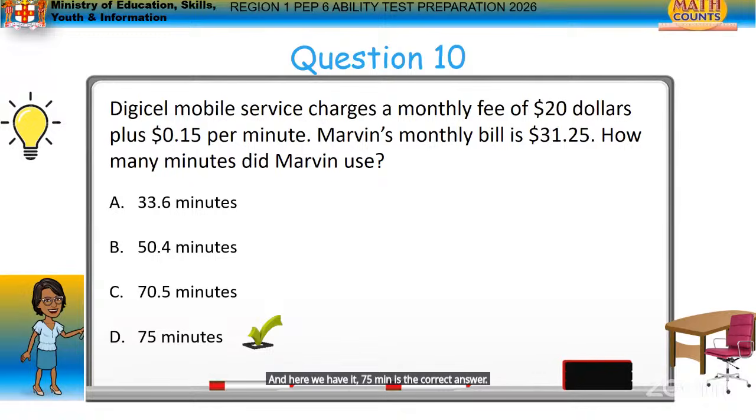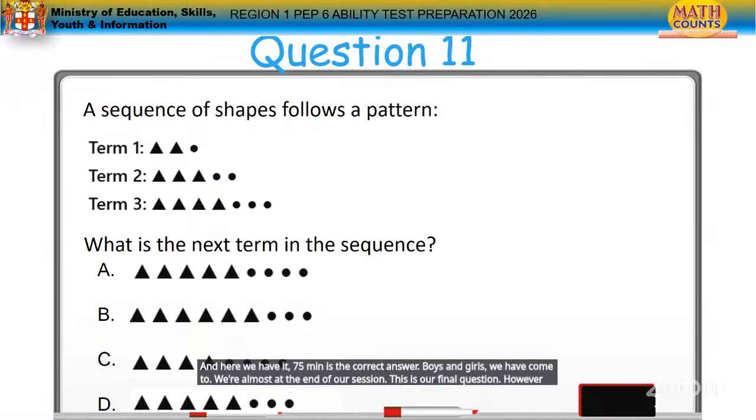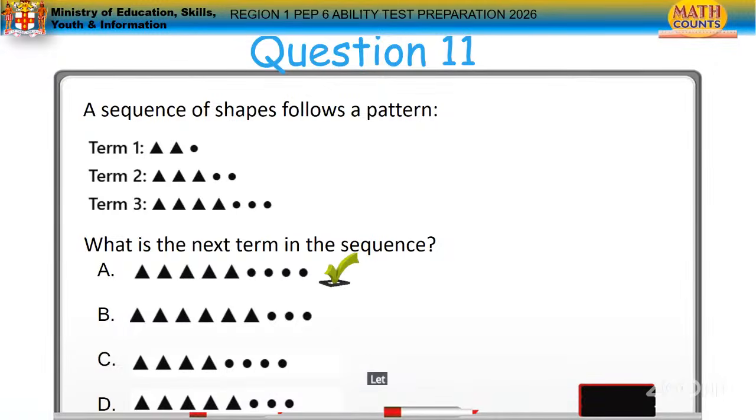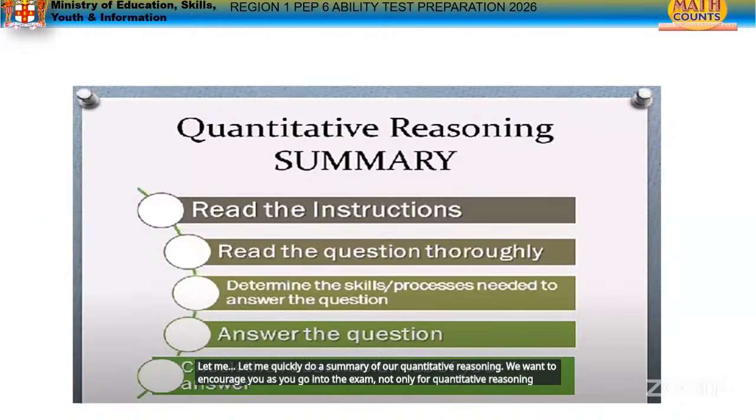Boys and girls, we're almost at the end of our session. This is our final question. However, before you go, let me quickly do a summary of our quantitative reasoning. We want to encourage you as you go into the exam, not only for quantitative reasoning, but for all the areas, the verbal reasoning, your PEP ability, as well as your CBT test.